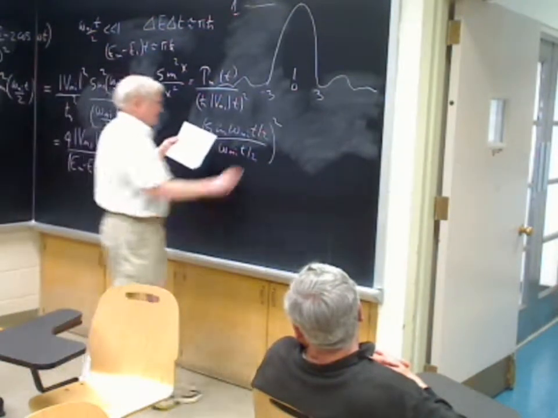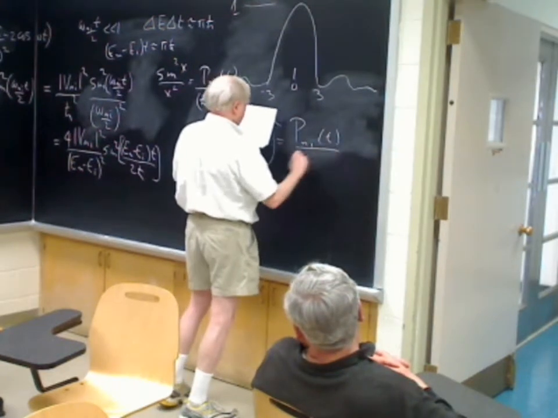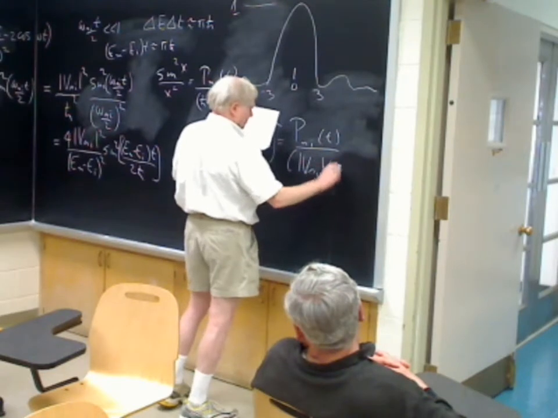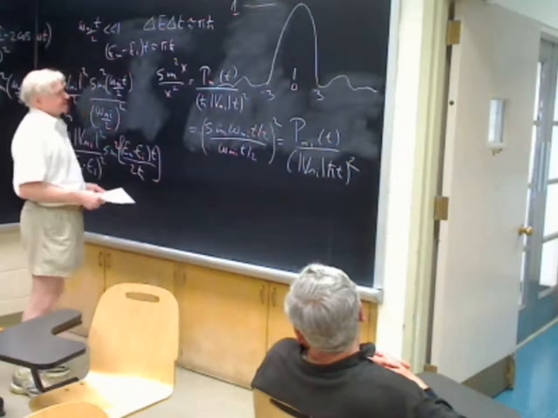And as I said, this is equal to P_ni over V_ni t over h bar, squared.